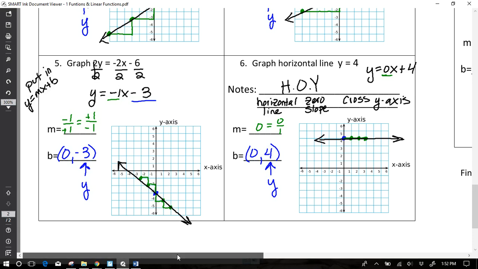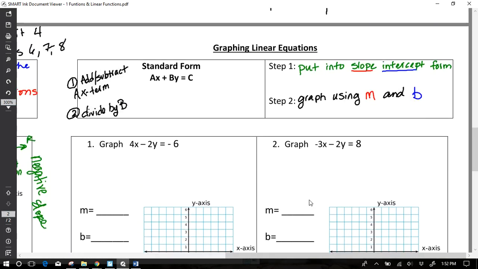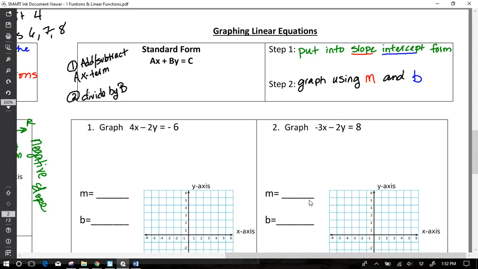Let's go take a look at standard form up here. Okay, how do we graph linear equations that are in standard form? Well, just like in example 5, the very first thing that we really do need to do is put it into slope-intercept form. So I kind of jotted some notes over here. It says add and subtract the ax term.